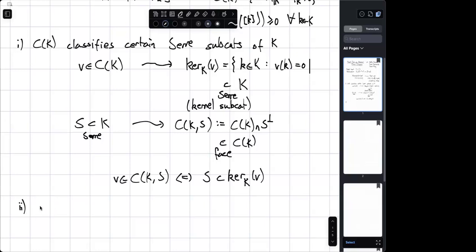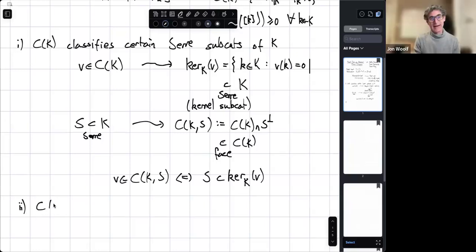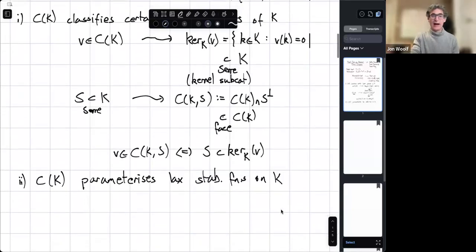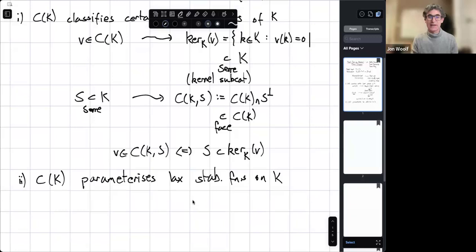The second way that we can think about this cone is that it parameterizes lax stability functions on this heart K. In order to understand the way in which it does this, I need a little bit more notation.